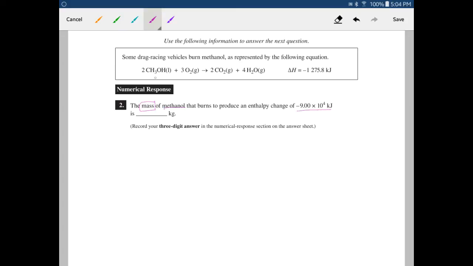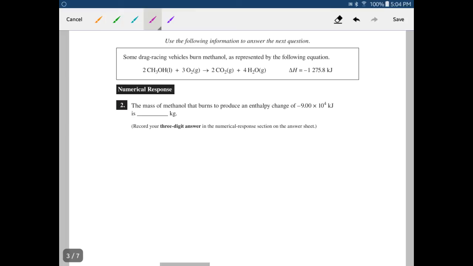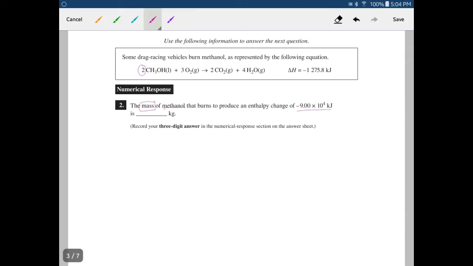This is our overall reaction, and essentially we're going to solve to find moles of enthalpy. So we want to look at our reaction like this. Again, if our enthalpy of reaction is equal to our moles times our molar enthalpy, we can solve for however many moles that we have.